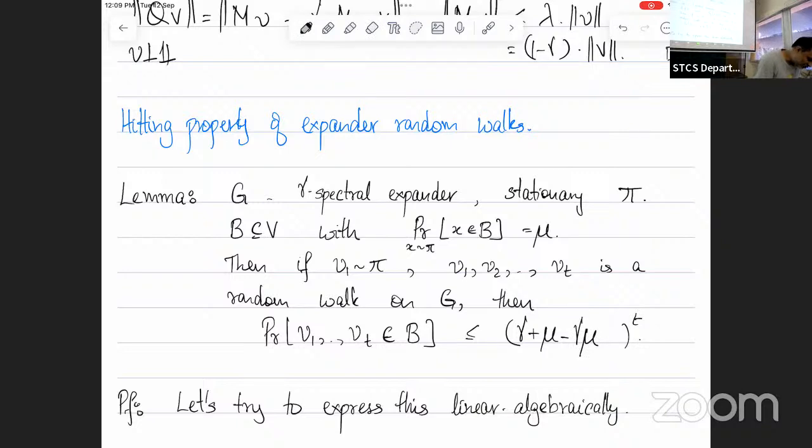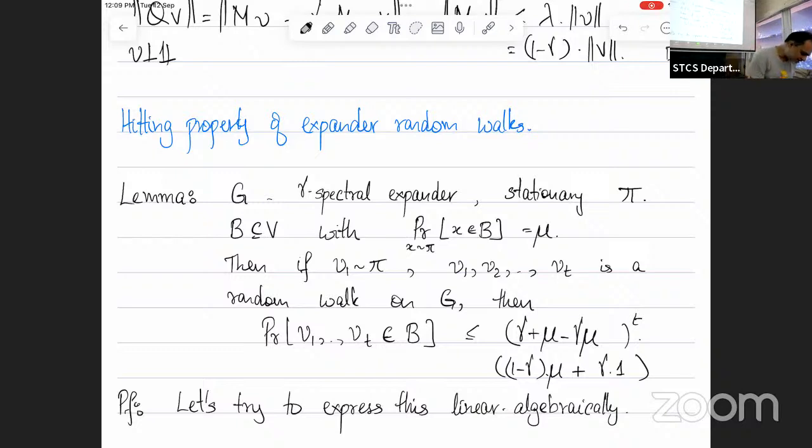And I tend to think of this as 1 minus gamma times mu plus gamma times 1. Okay. Think of it as some convex combination between mu and 1. And how close it is to mu versus 1 is a function of how good your gamma is. If gamma is increasing, your boundary is getting worse.